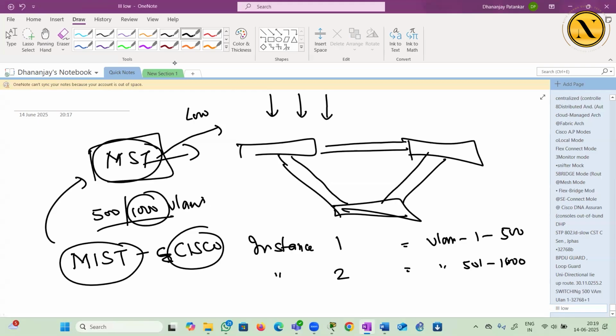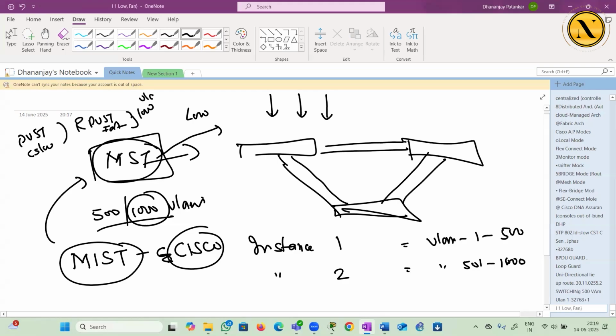Is the difference clear, guys? Did you understand the difference between PVST, which is slow, and rapid PVST, the same thing but fast? But here, if you've got 1,000 VLANs, that is 1,000 times CPU, 1,000 times memory, 1,000 times bandwidth consumption, with 1,000 packets moving through the network, so on and so forth.